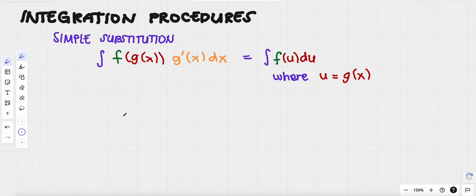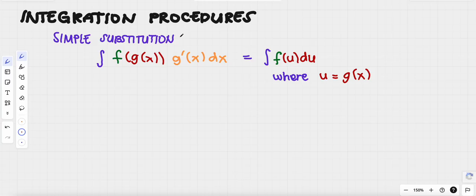So this time, what if your function does not have a direct formula or it cannot be integrated using a single formula? There is no established formula. This is where integration procedures come in.